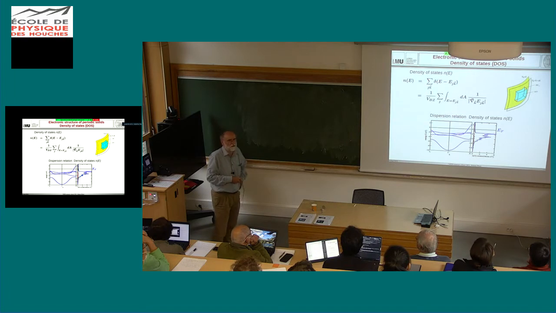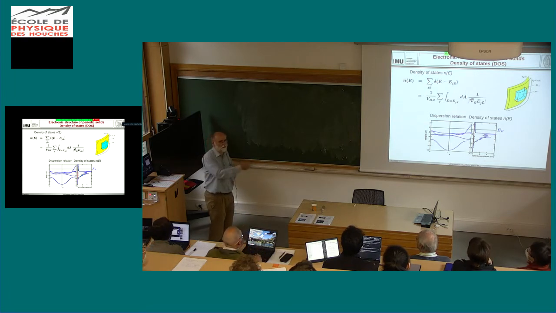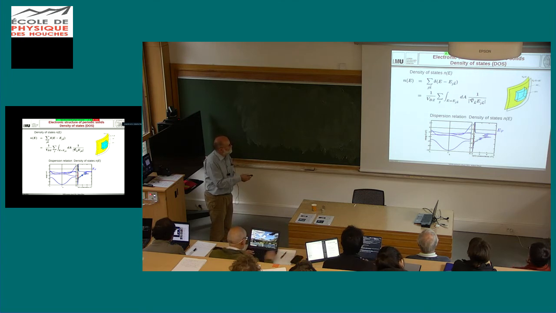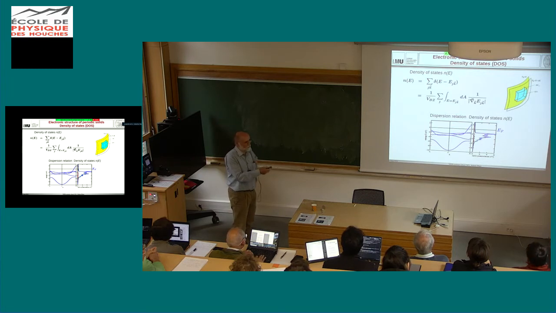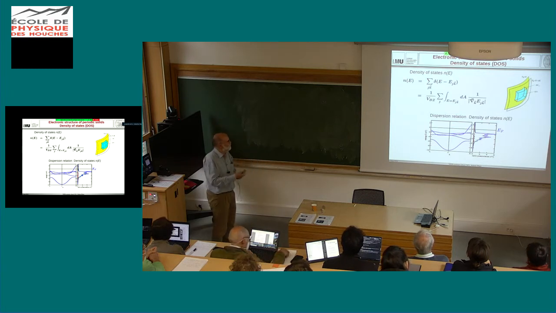And you will see later on that this gives us a bridge to our description using Green's function. And using now the information from the dispersion relation, evaluating that more or less complicated Brillouin zone integration, we are led to the density of states that gives already the basis for many experiments to be described.